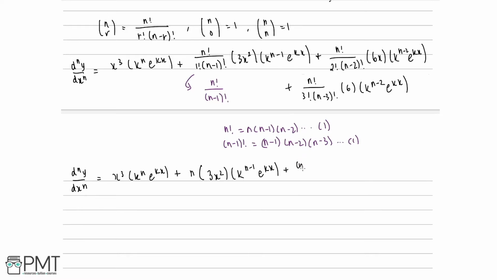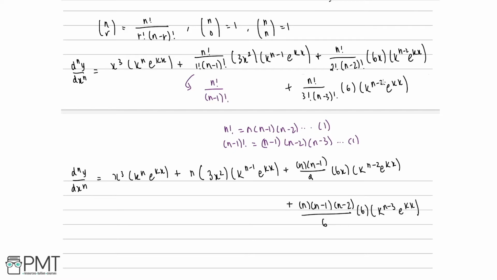So it will be n times n minus 1 divided by 2 factorial, which is just 2, multiplied by 6x times k to the power of n minus 2 e to the power of kx plus, once again, n factorial over n minus 3 factorial will be n multiplied by n minus 1 multiplied by n minus 2, all over 3 factorial, which is just 6, multiplied by 6, multiplied by k to the power of n minus 3 e to the kx.